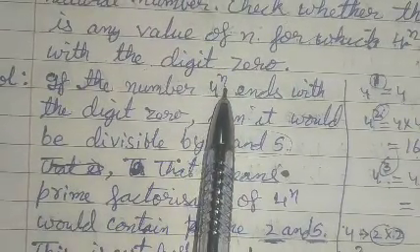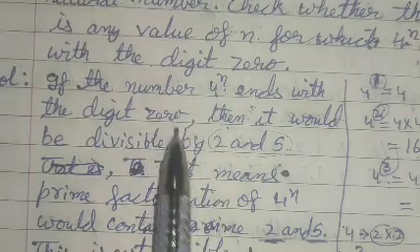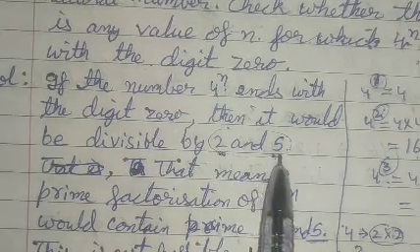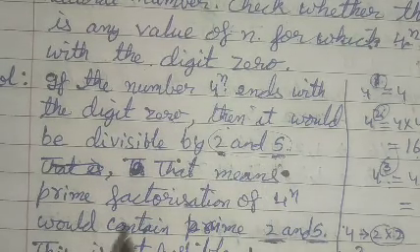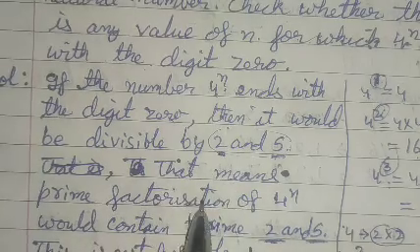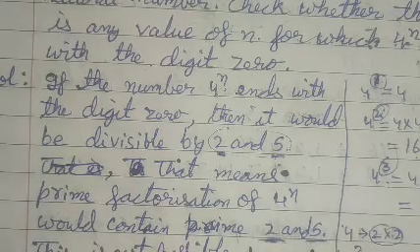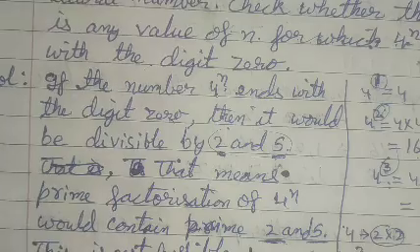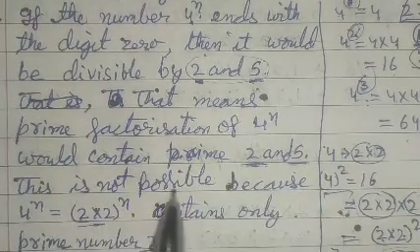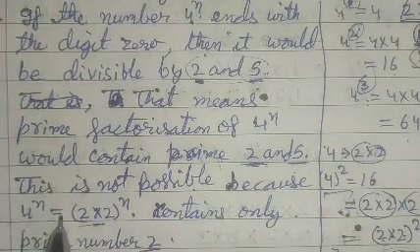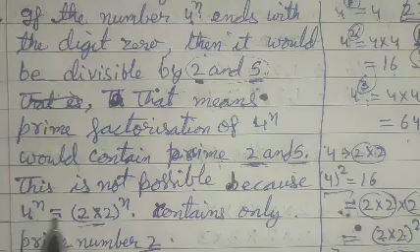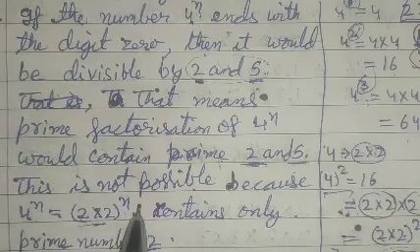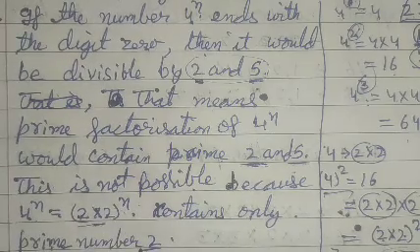Now you can write it in your own language also, but see here we are saying that if 4 raised to power n ends with digit 0, it should have two primes, 2 and 5. That means the prime factors of 4 raised to power n would contain primes 2 and 5. Now this is not possible because 4 raised to power n equals (2 into 2) raised to power n. It contains only the prime number 2.